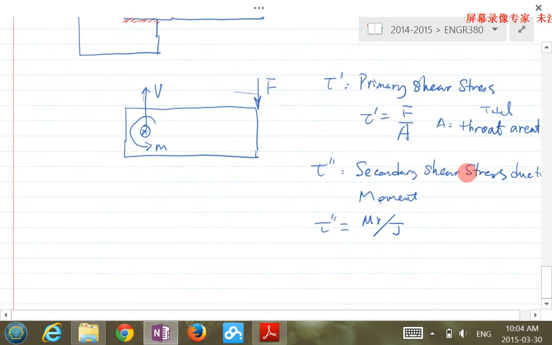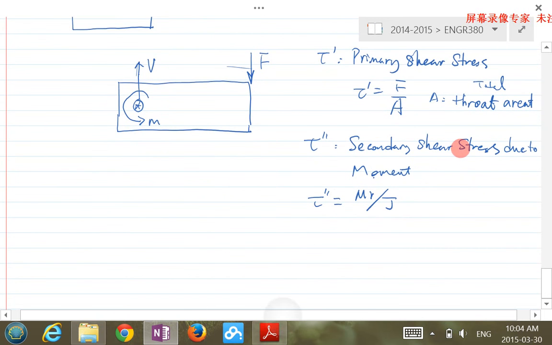We calculate like this. Let's say I'll draw the two shear stresses over here. One is this way, and the other is this. So this is the centroid, and this is the 90 degree there. We decompose the tau double prime into the x and y direction like that.